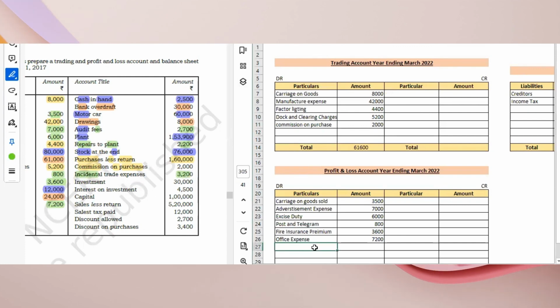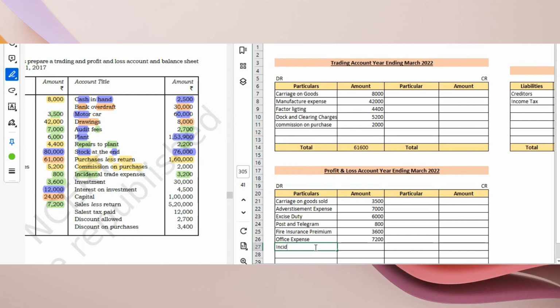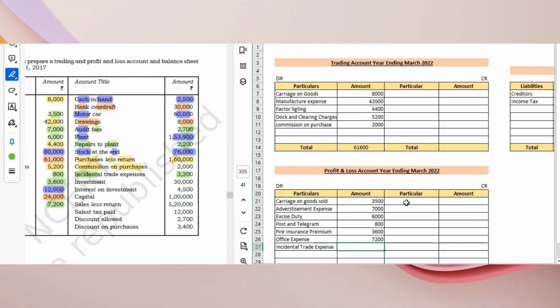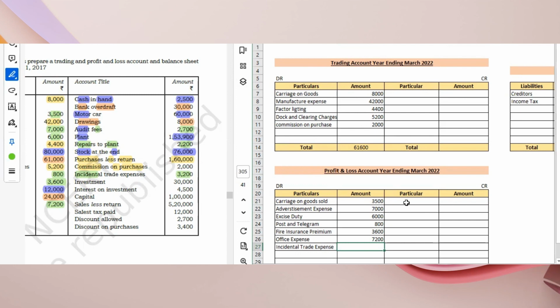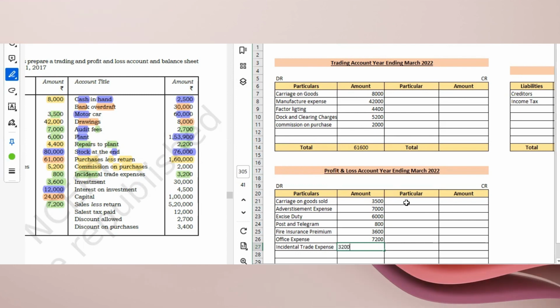So your total cost, incidental trade expenses, is coming under profit. So your profit is nothing but what you can see, incidental 3,200 rupees.